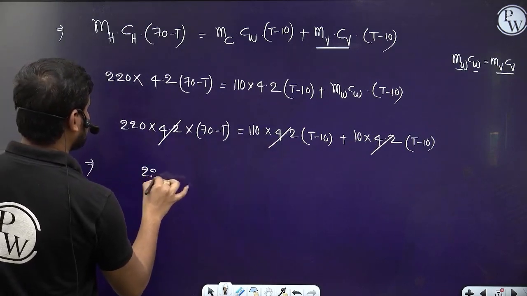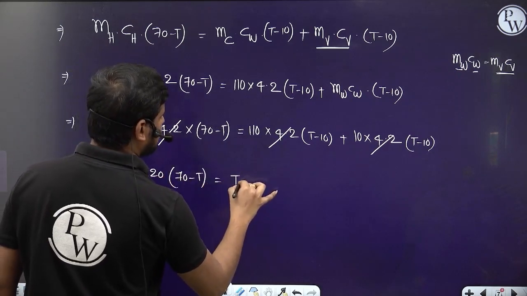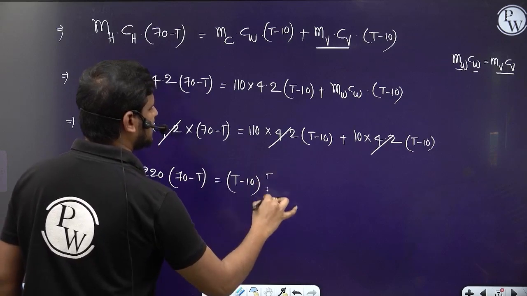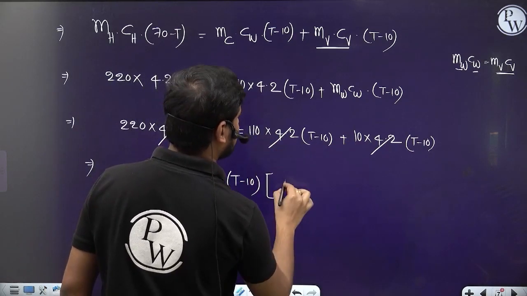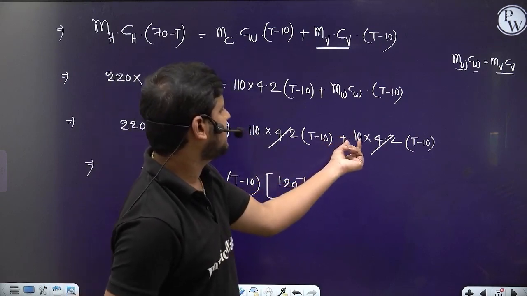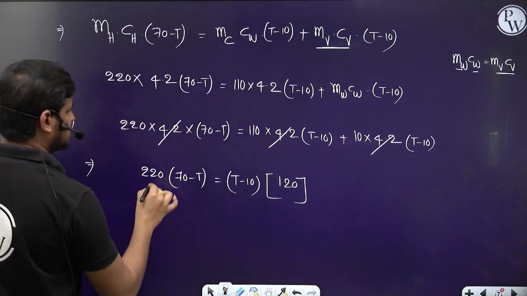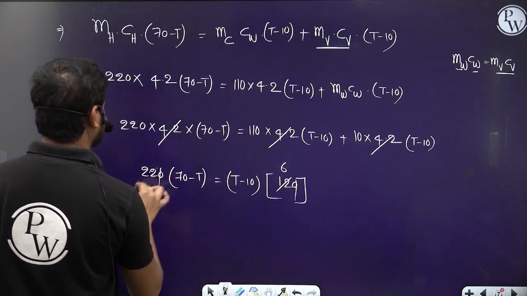So 220 into 70 minus T is equal to, taking T minus 10 common, 110 plus 10, which is 120. Then the zeros cancel. So 6 times 2, 11 times.